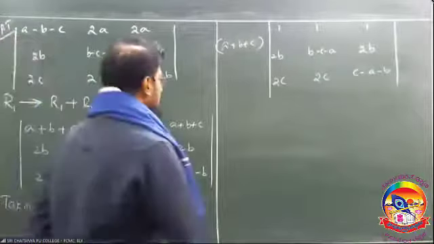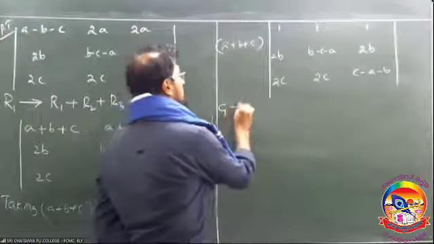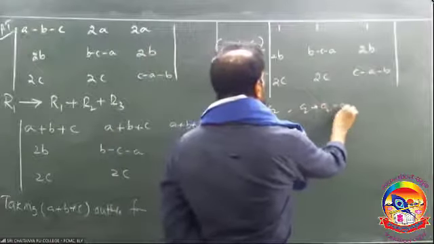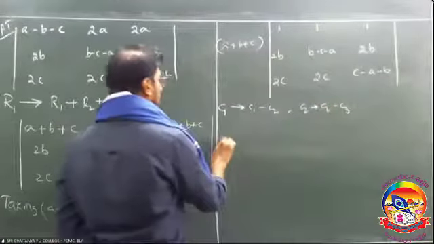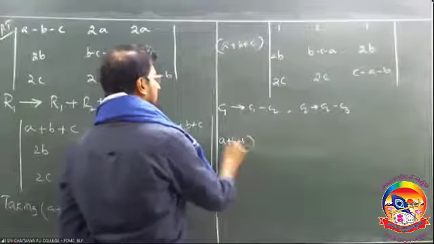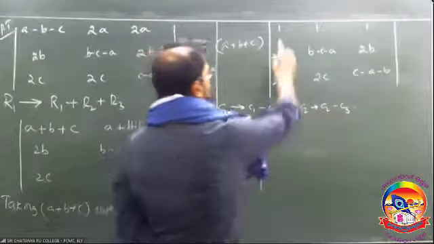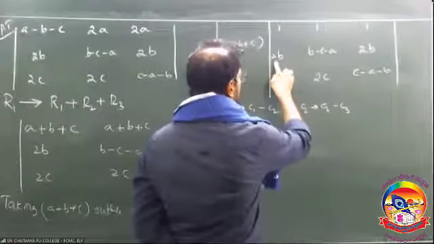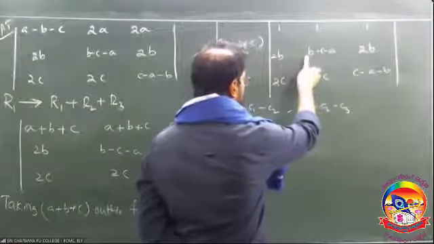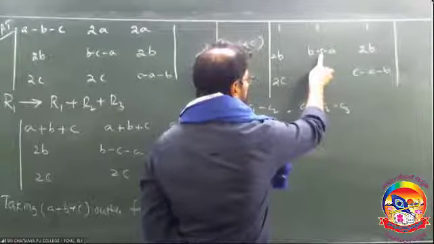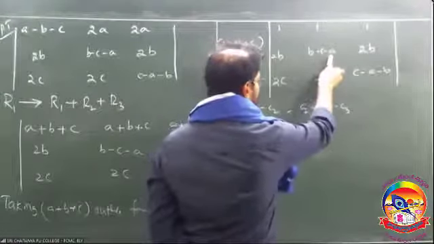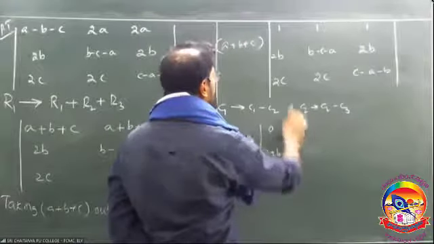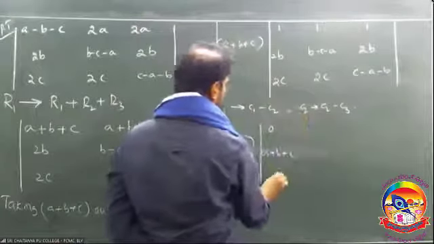That means A plus B plus C outside the determinant: 1 minus 1 is 0, 2B minus B is B, minus of minus is plus C, and minus of minus is plus C. That means you get A plus B plus C, and 2C minus 2C is 0.